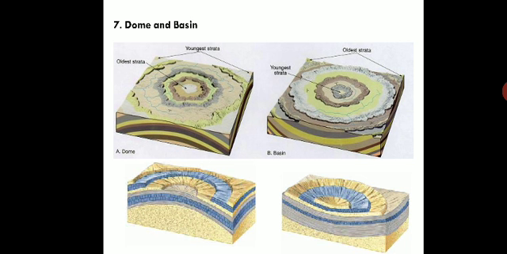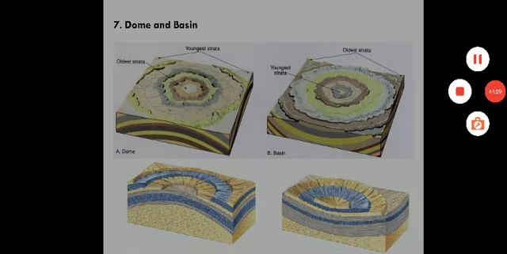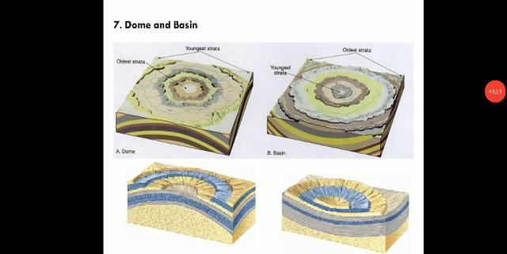Then next is one more special type of fold, that is dome and basin. Here the dome is a special type of anticline in which the beds dip away from each other from a central point.